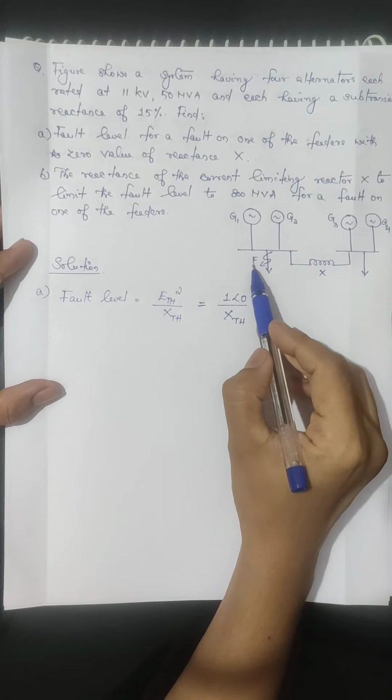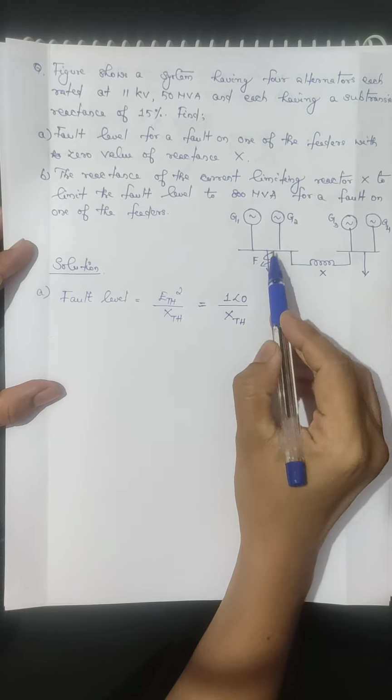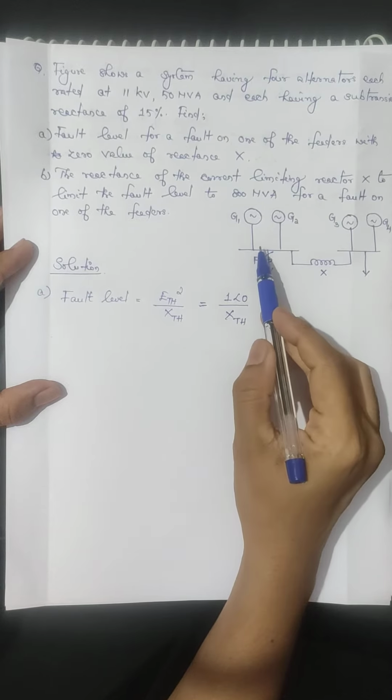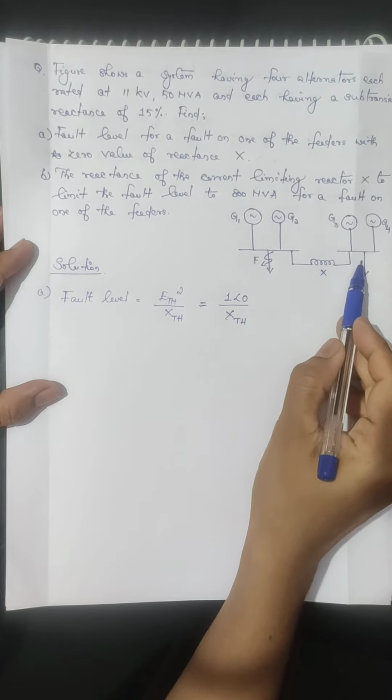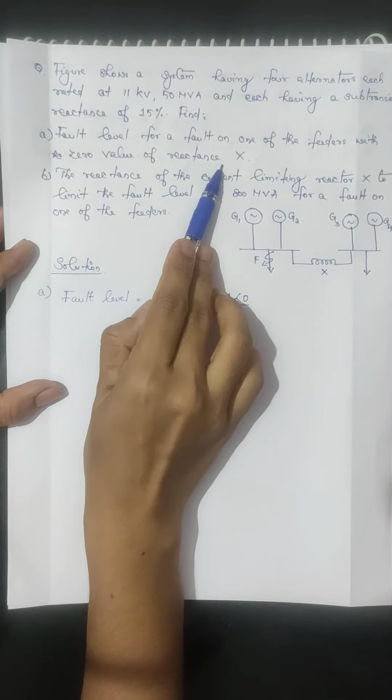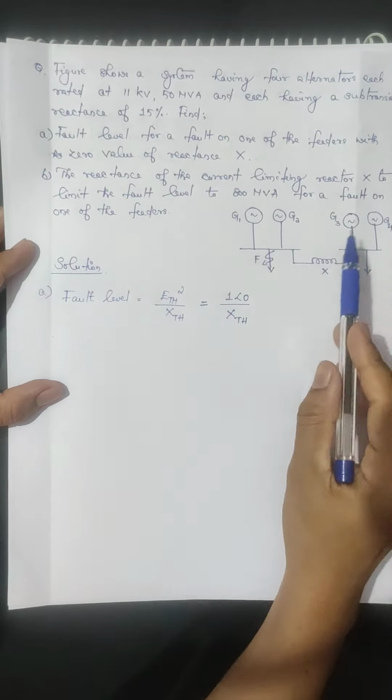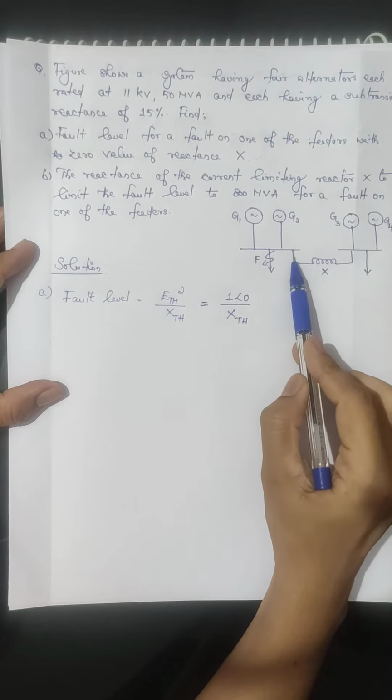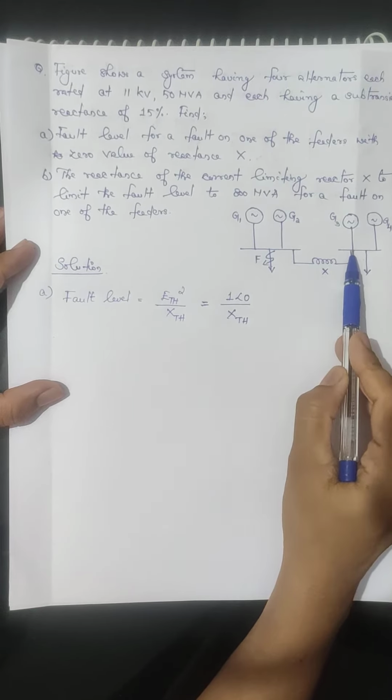For calculating the Thevenin equivalent reactance, we have to draw the reactance diagram corresponding to this system. In this first case, the value of reactance X is 0. So here it is 0, and this will act as a short circuit here.